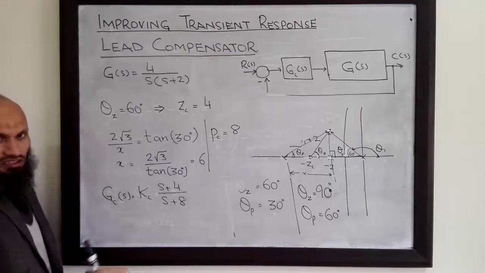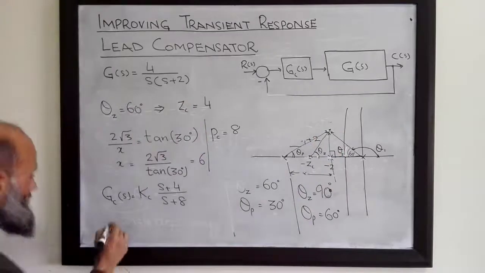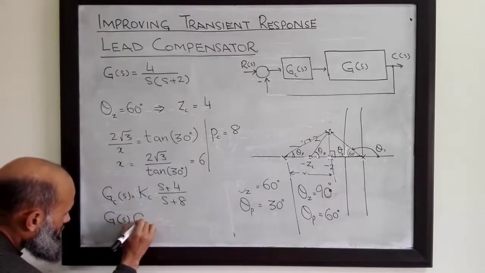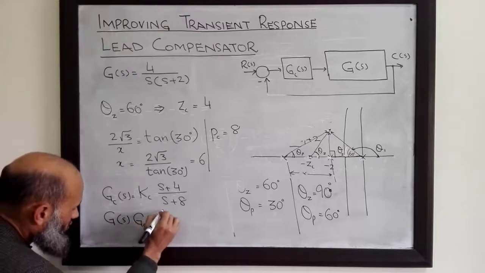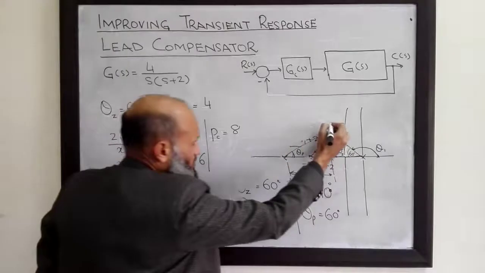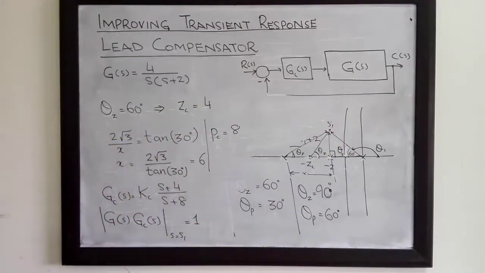Kc can be determined from the magnitude condition. For this point to be a closed loop pole, this magnitude condition should be satisfied, that is, G(s) into Gc(s), absolute value at s equal to this desired point s1, must be equal to 1. So from this magnitude condition, the value of the gain can be computed.